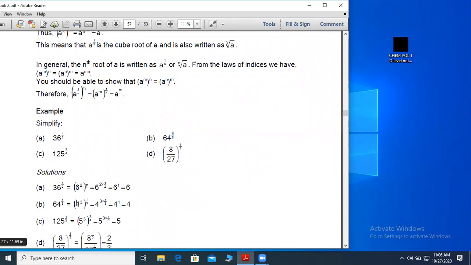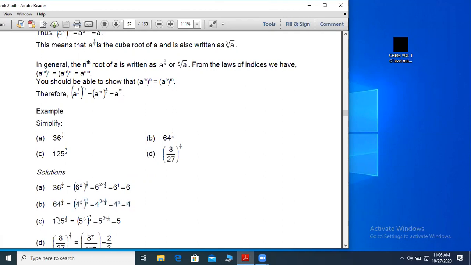So it means this one will be 4 to power 3 to power a third, which gives us 4 to power 3, then times a third. So when the power is a third, it means that number has got a cube root. So you write the cube root of 64, which is 4.